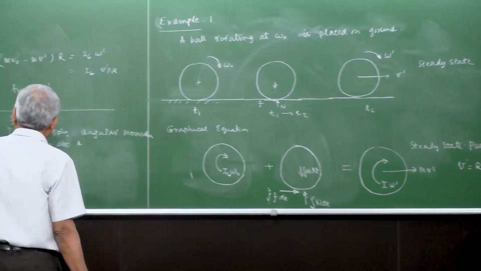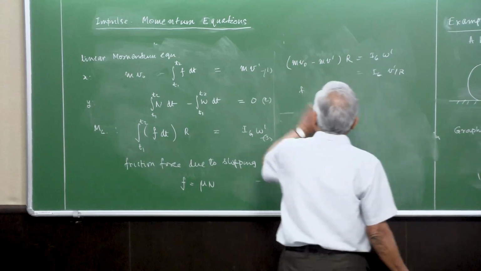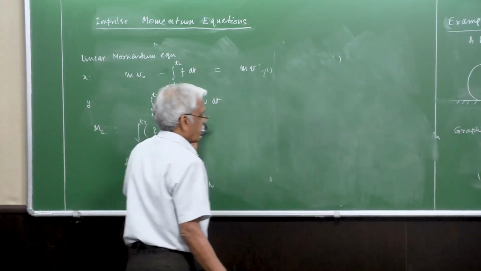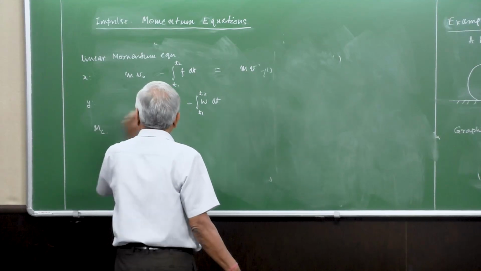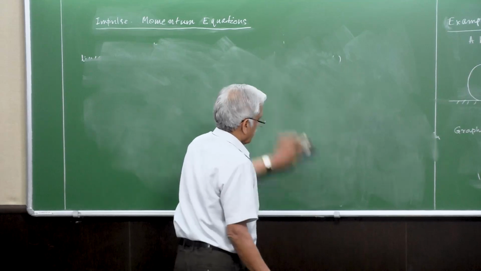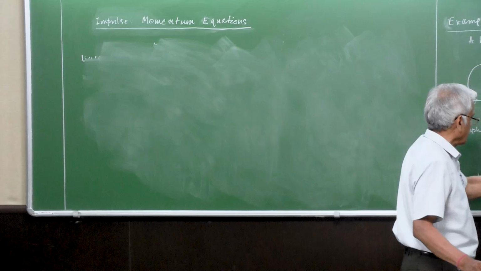So you can see that because of this friction force, which is acting in the forward direction, interestingly it will give a forward linear velocity to the thing.